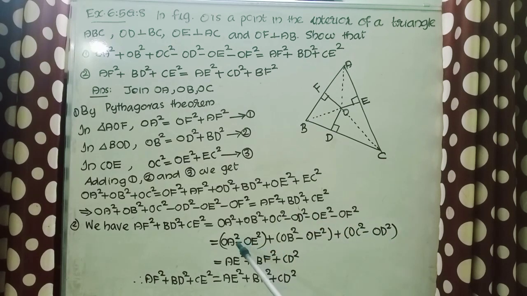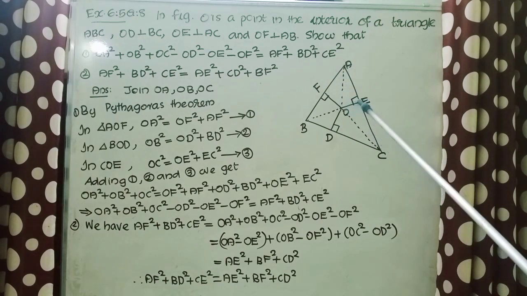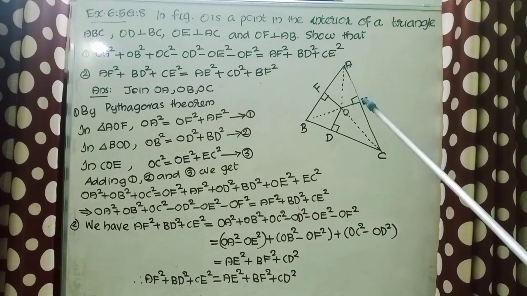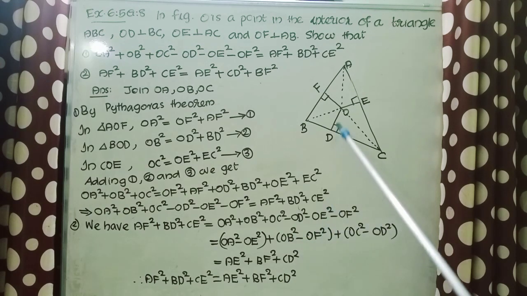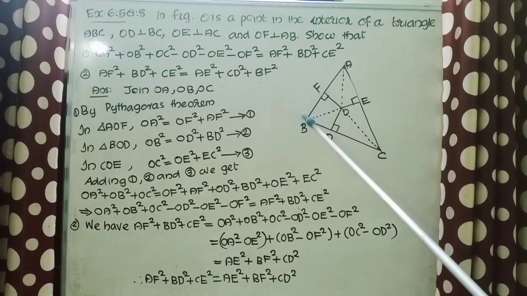Now you see the figure: OA square minus OE square, we can say it is AE square. Then OB square minus OF square, see the figure, we can say it is BF square.